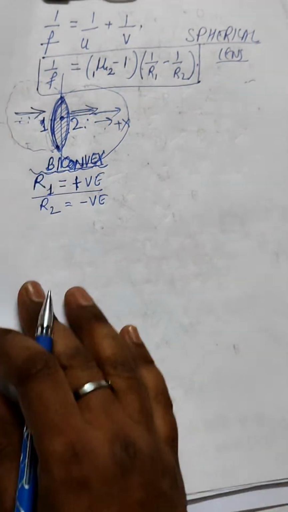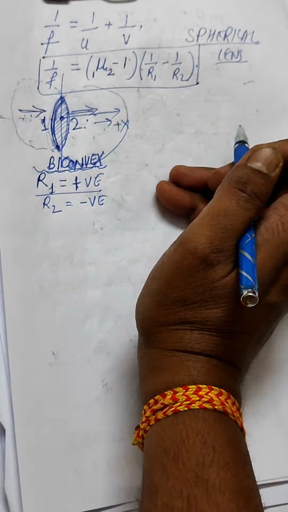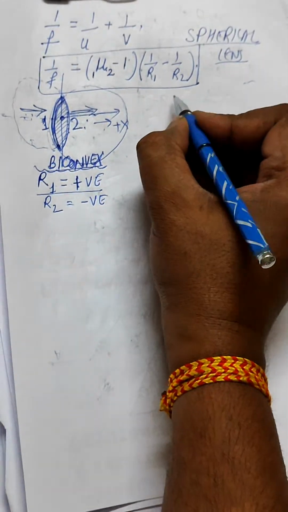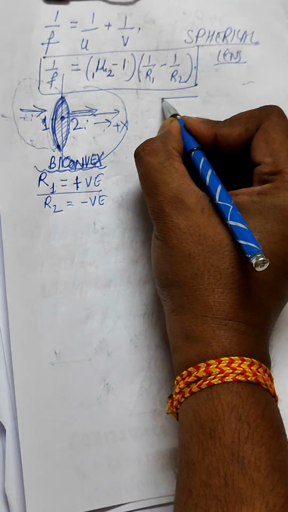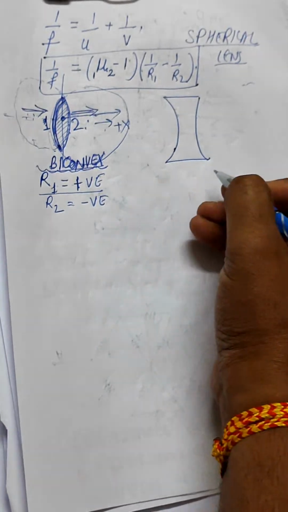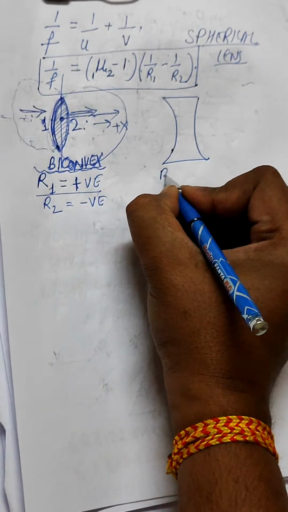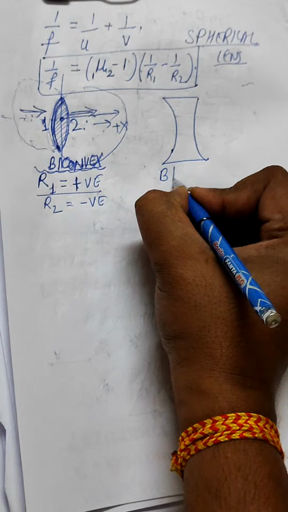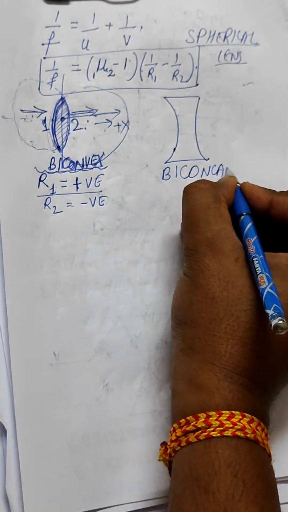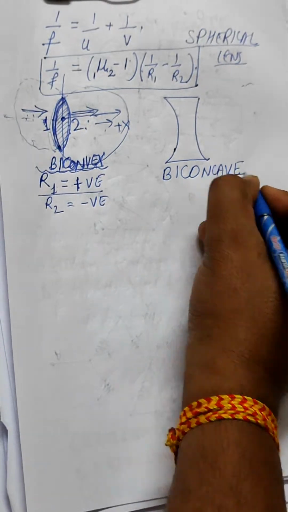Now consider the second one, the biconcave lens, also called dual concave, right?